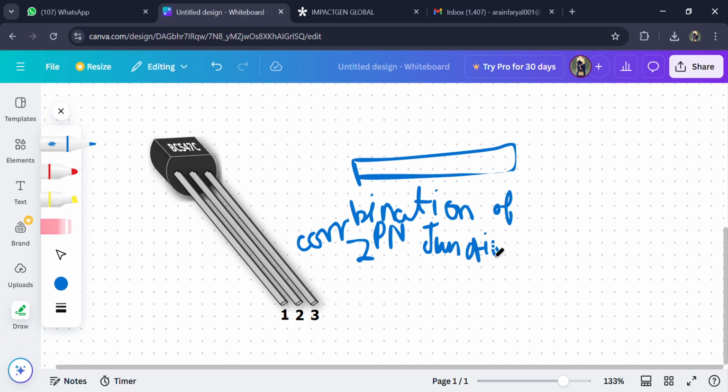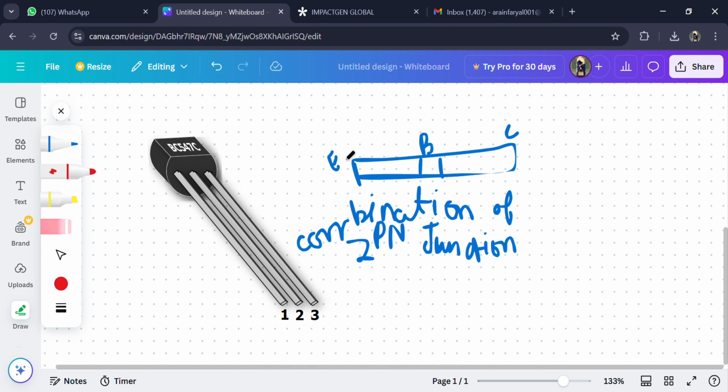Well, if we talk about the basic formation, as here you could see, we do have 3 nodes. So whensoever these 3 nodes are placed, it creates 3 partitions or 3 parts in a transistor. First, this one is known as emitter. This center one is known as base, and one is known as collector.